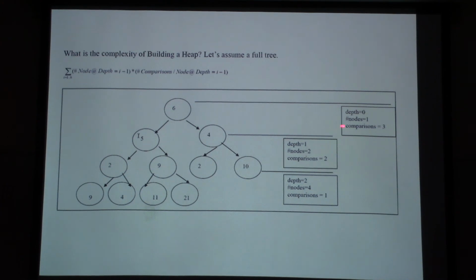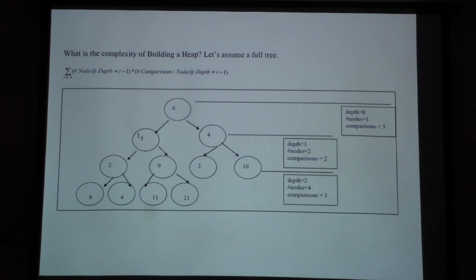Does everybody understand what these things are doing? So now what I need to do is, if you can see this relationship here, in general, I'm going to go from 1 to the height. I'm going to take the number of nodes at the depth I minus 1. So depth starts at 0; as I starts at 1, this starts at 0. So number of nodes times the number of comparisons per node at that depth.